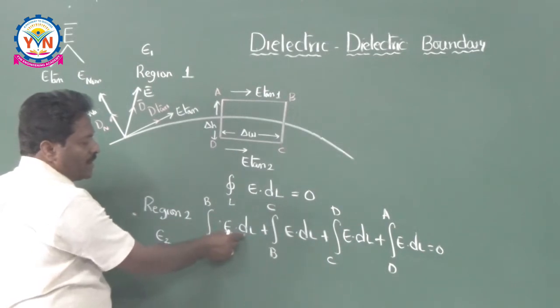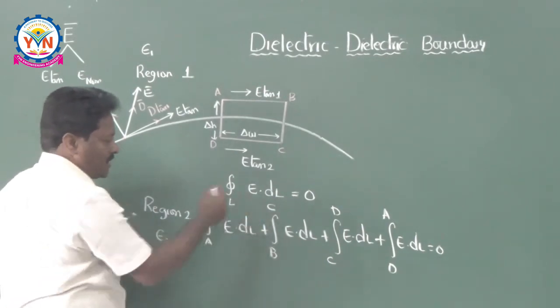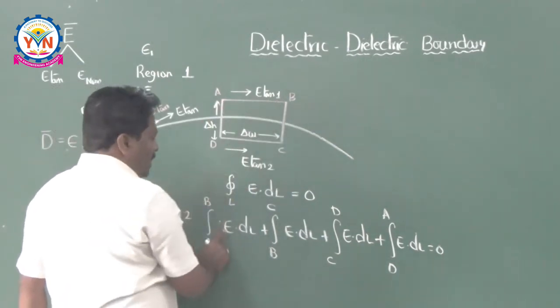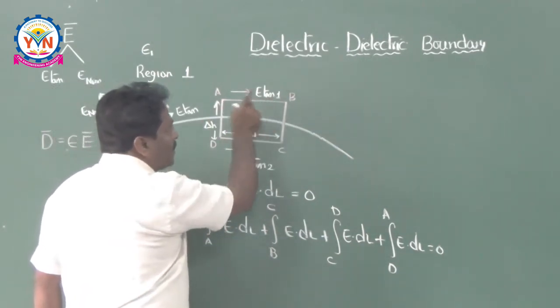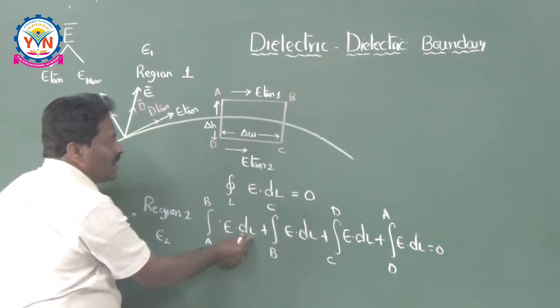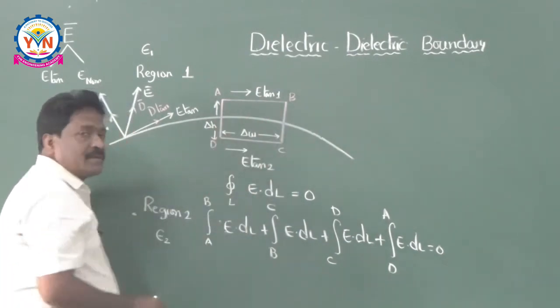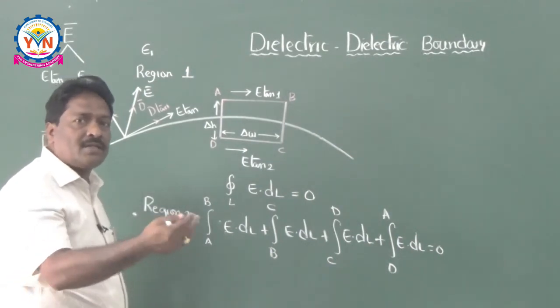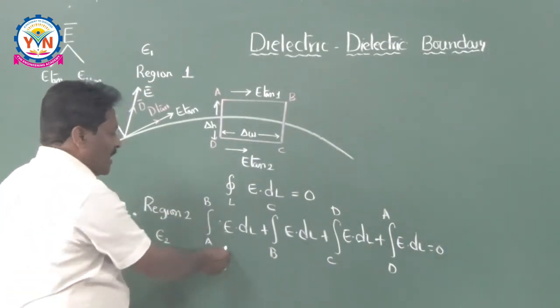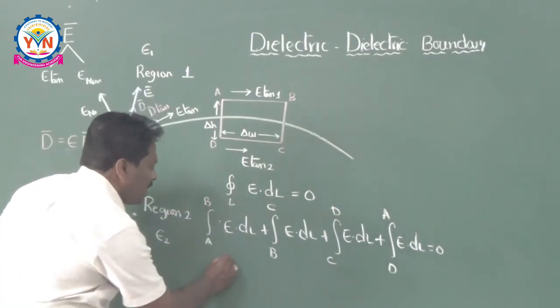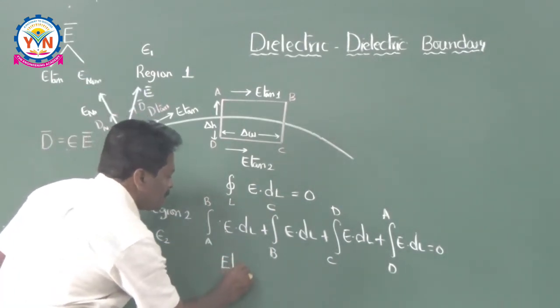What is E dot dl? E into dl into cos theta. From A to B, E is the tangential component E tan 1, the length increment is delta W, and both are in the same direction, so theta is equal to 0 and cos 0 is 1. So its value becomes E tan 1 into delta W.